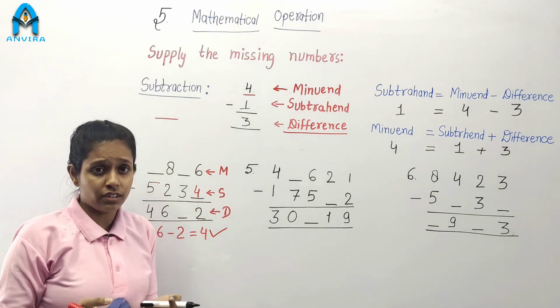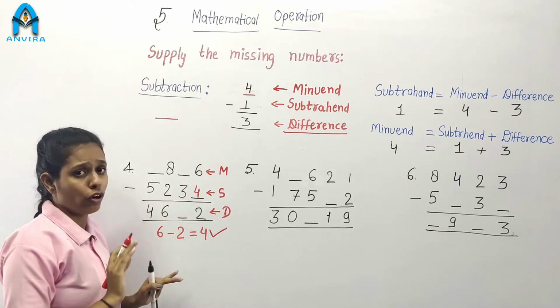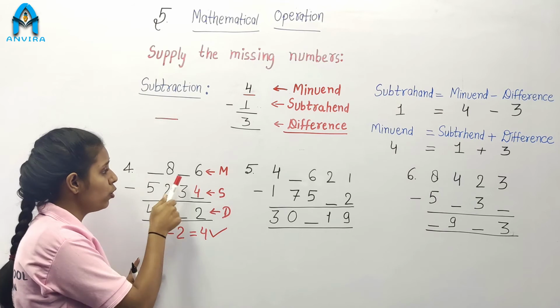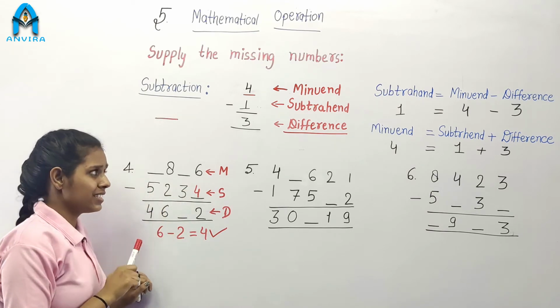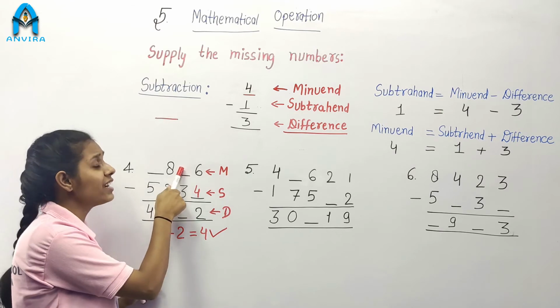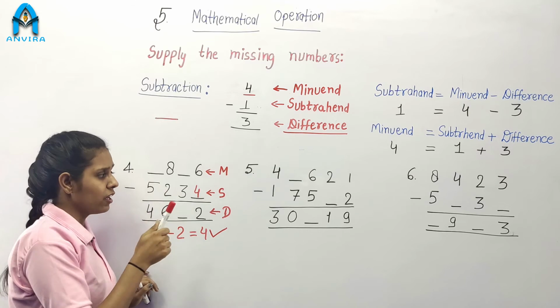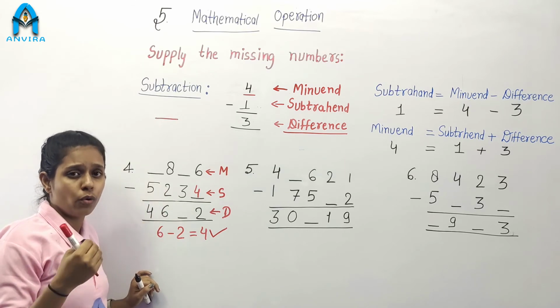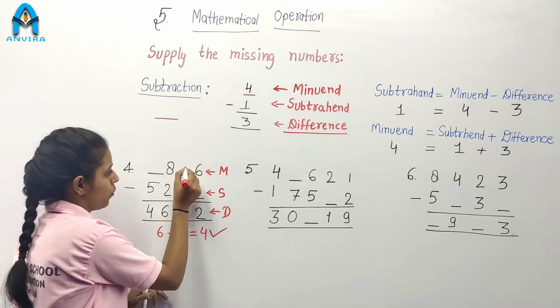But if it's not, we have to borrow. But in this case, we are not borrowing. So the minuend is greater than the subtrahend. So we take a number which is greater than 3. We can take 4, 5, 6. Which do you want? We want 5.